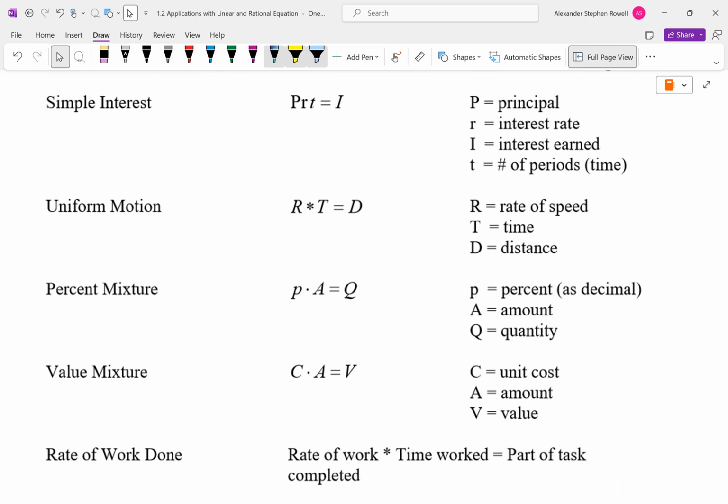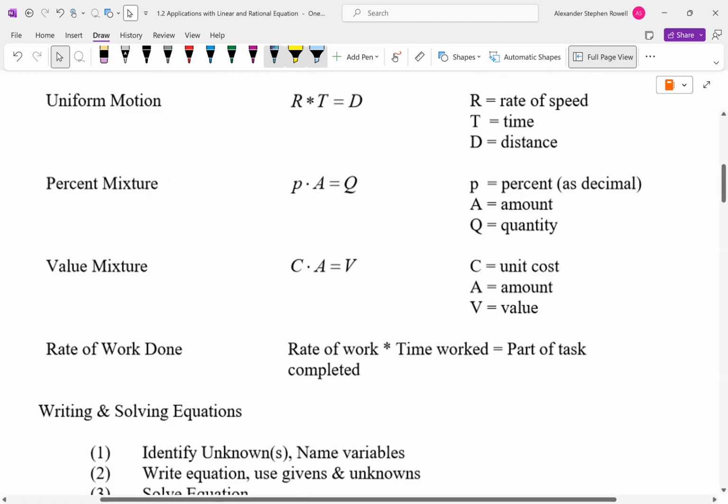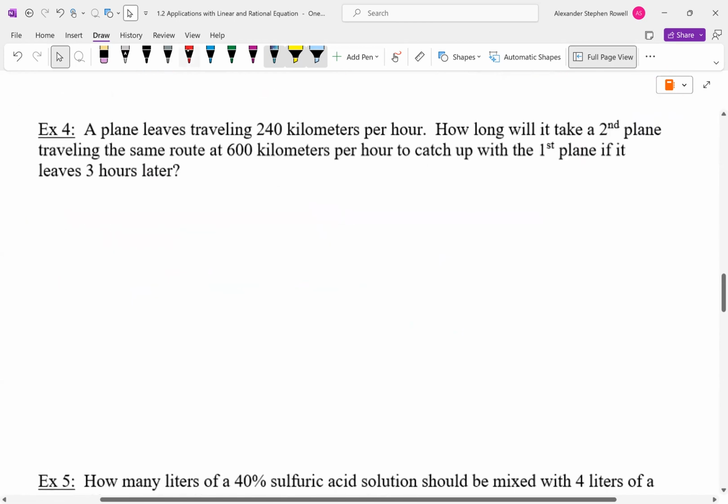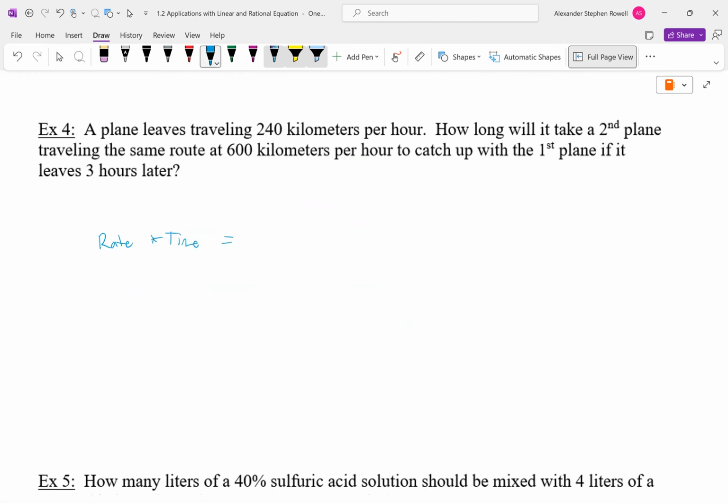Okay. Rate times time equals distance. What's the next thing we want to identify? Very good. What's it asking for? Rate times time is equal to distance. So what is it asking for? Let's read the last sentence.